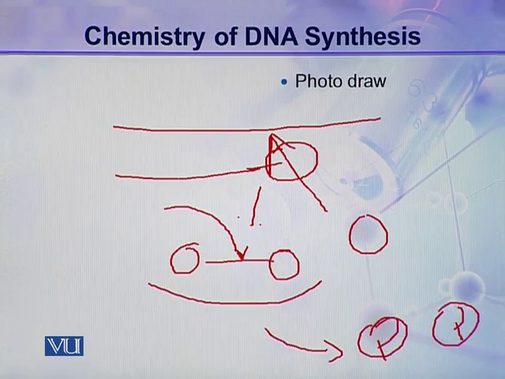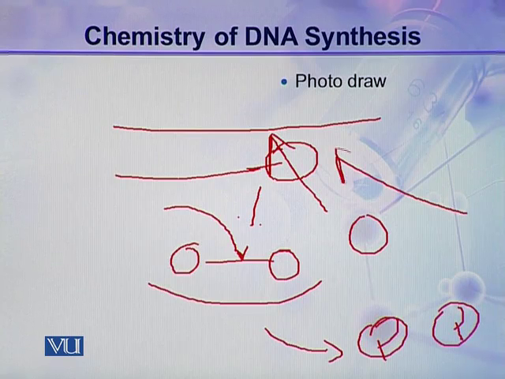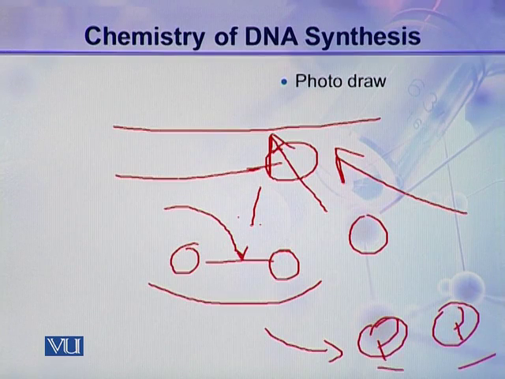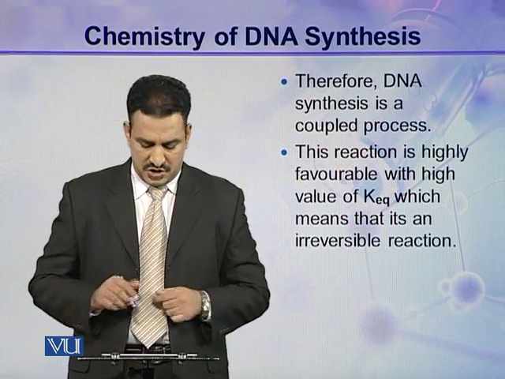You can see in this diagram that whenever a new nucleotide is added, two phosphates are also released. This is the net reaction at the 3' side of the primer template junction.